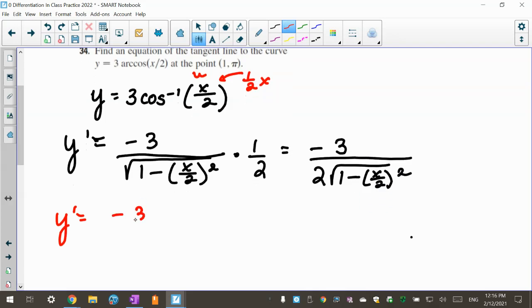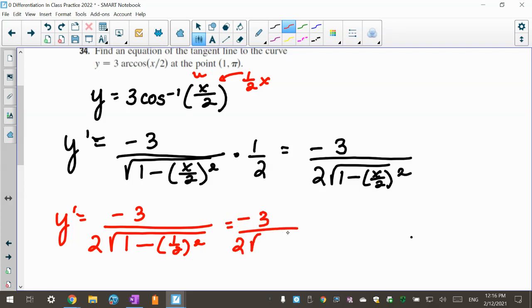So I have -3, and we're going to throw a 1 in everywhere there's an x. So I have 1 minus 1/2 squared, and I forgot the 2 there, so it's -3 over 2 radical 1 minus 1/2 squared, which is going to be -3 over 2 radical, so 1 minus 1/4. So this comes out to be radical 3/4.